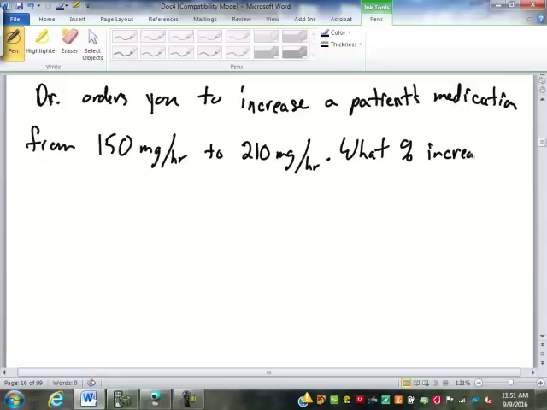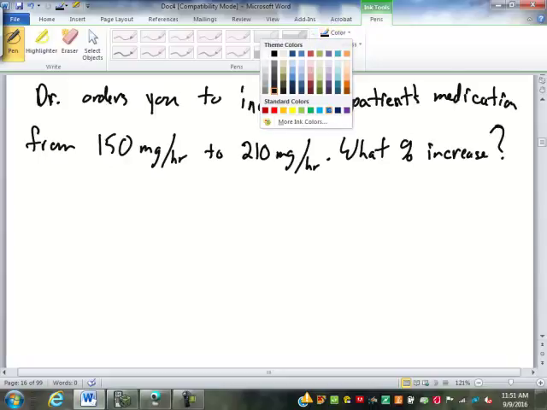What percent increase is this? I'm abbreviating here just to simplify things for you.